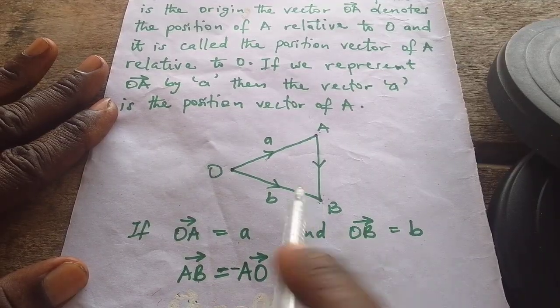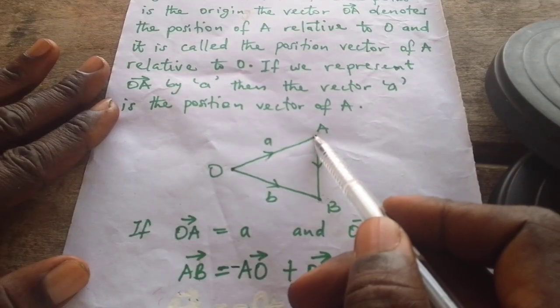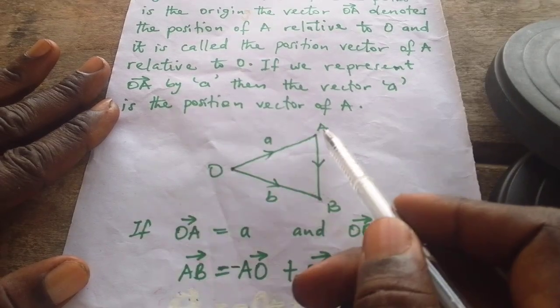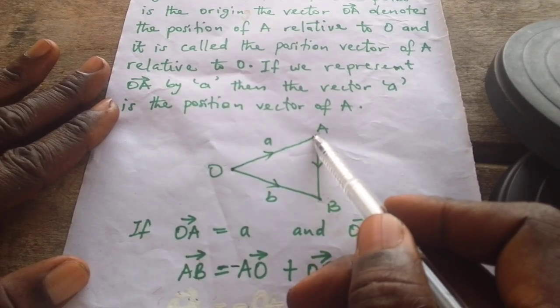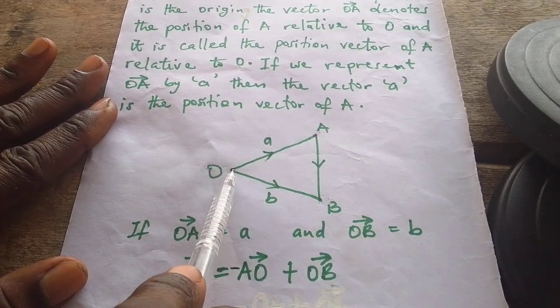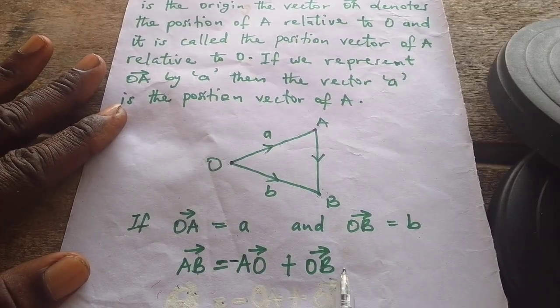This one will be plus. This one is moving against this. If you are moving from A to this place, you are moving against this arrow. So it is going to be minus AO plus OB. So that is why we have minus AO plus OB.